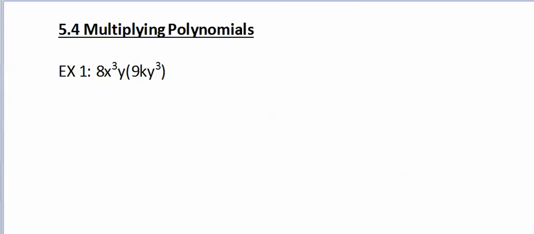The second part of the video is multiplying polynomials. The first thing we're going to talk about is distributing with coefficients and variables in front of parentheses. Now, just like distributing with coefficients, I'll go ahead and do the 8 times the 9, which is 72. I cannot multiply the x with anything, so it's going to be x cubed.